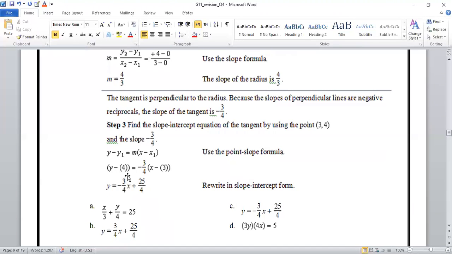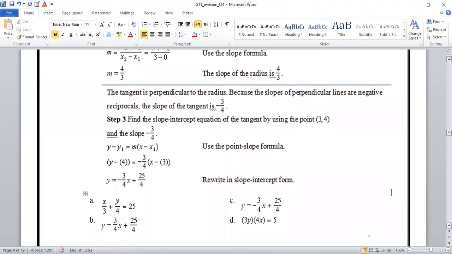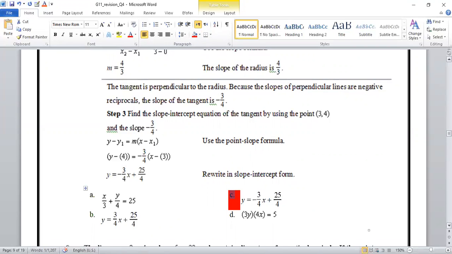Substitute y1 by 4 and x1 by 3, and rewrite the equation: y = -3/4 x + 25/4. So the solution is number C: y = -3/4 x + 25/4.